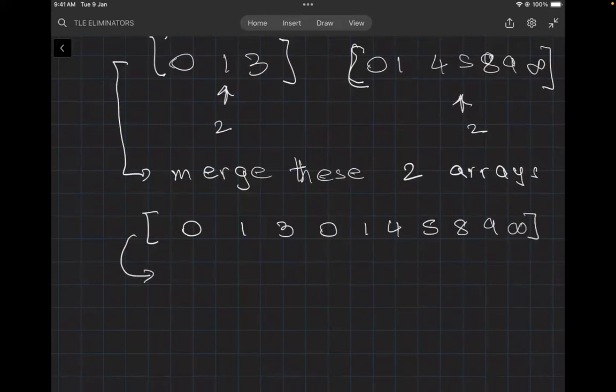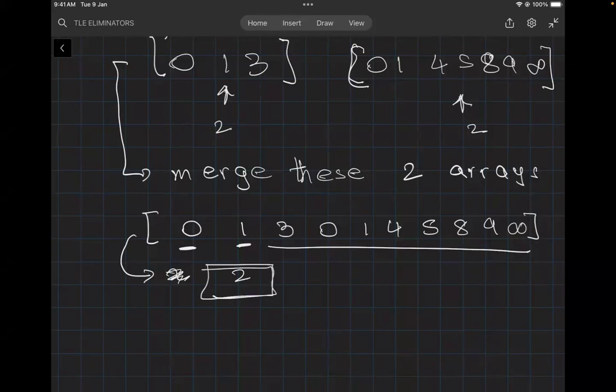The max of this array is still x, or still 2. 0 is present, 1 is present, 2 is not present. So if there are two subarrays with the same max, if you combine them, they still have the same max.